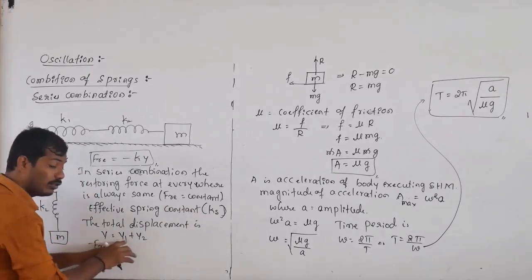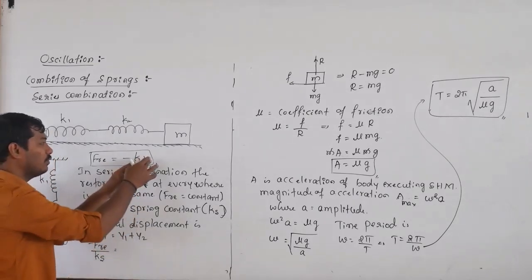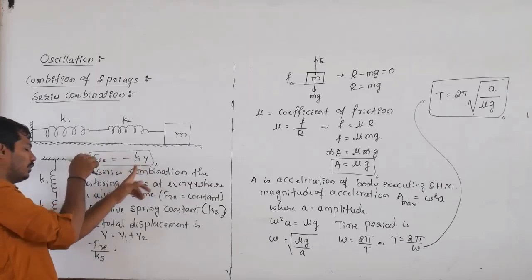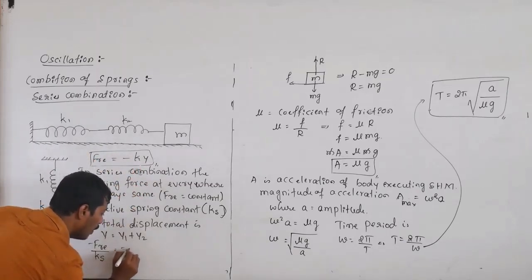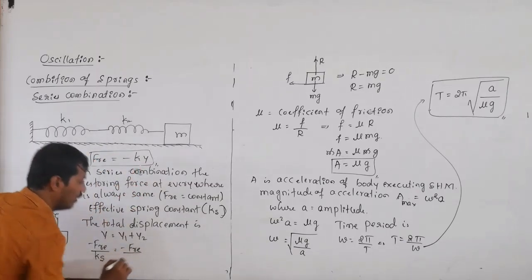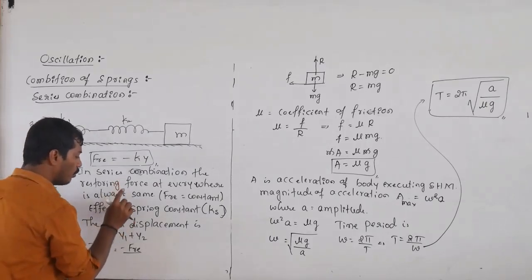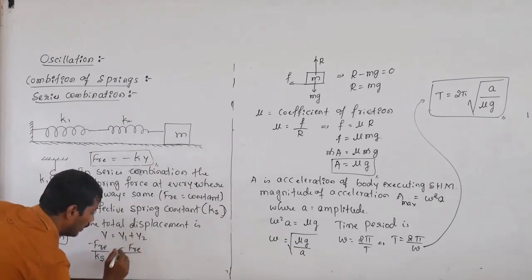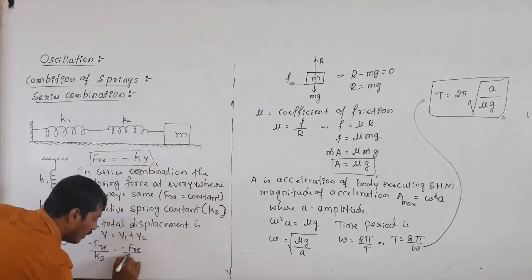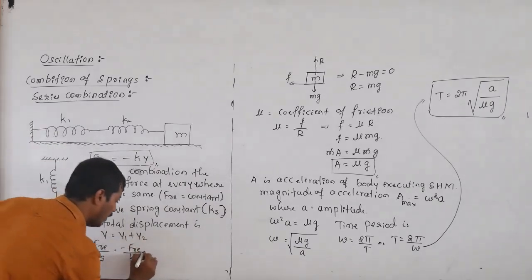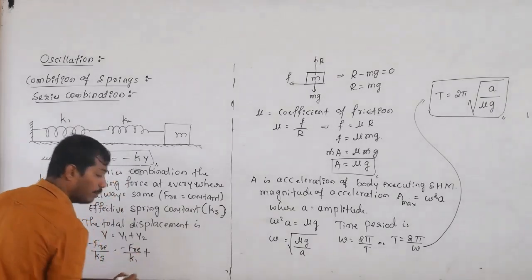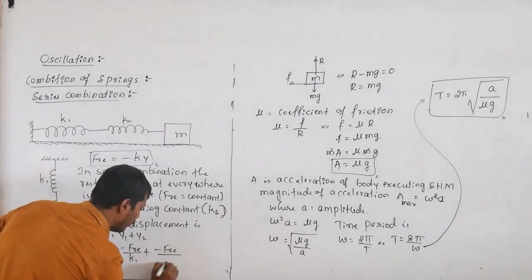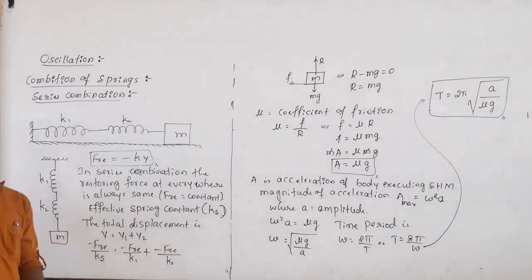Then y1 is equal to minus Fre divided by K1, because the restoring force is always constant here. Then plus minus Fre divided by K2.